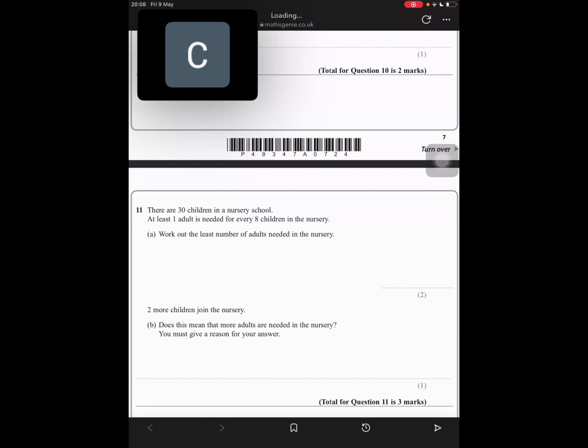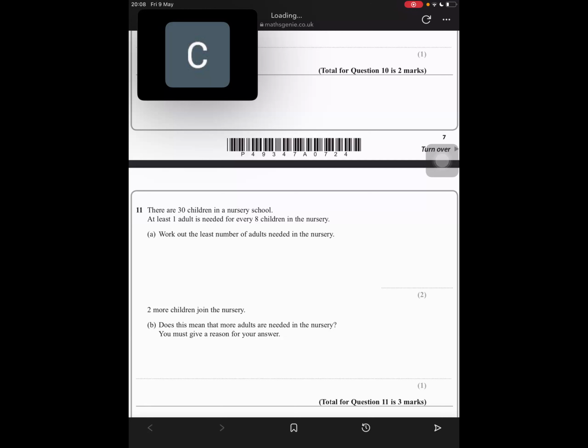Now, let me just listen to my own argument. Remember, when we had 30 children, the question told us 8 children to 1 adult, and if you work out how many adults you will need, you will need 4.